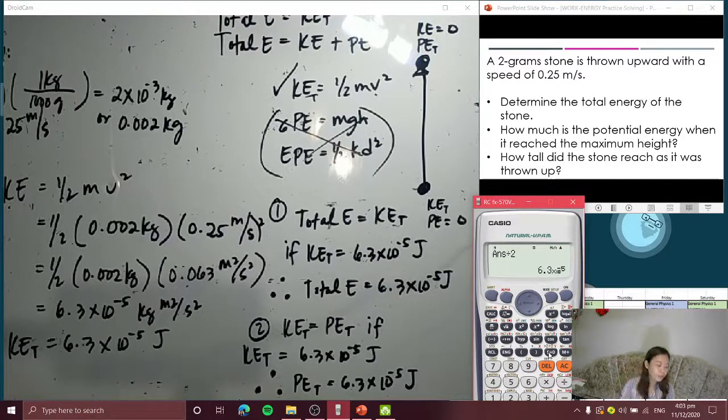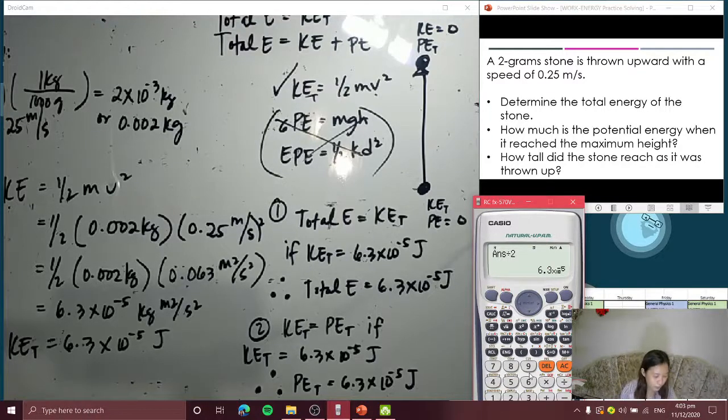Now, for our third value, let us try to solve for it. How tall did the stone reach as it was thrown up? So we're going to determine how high the stone reached when it was thrown upward.